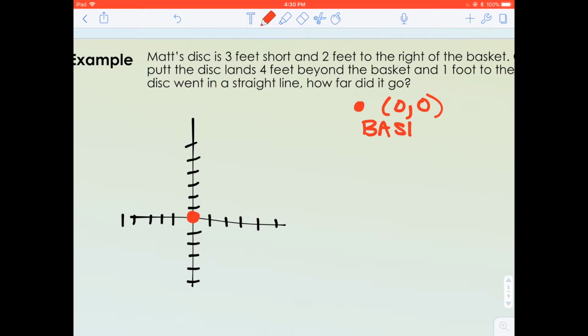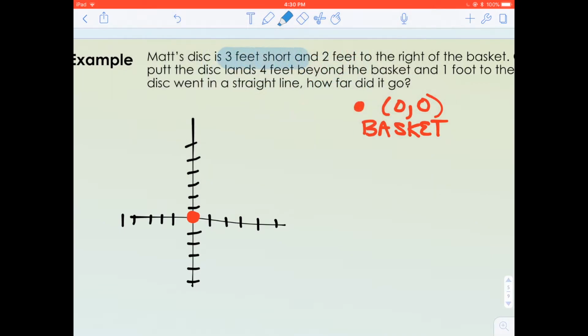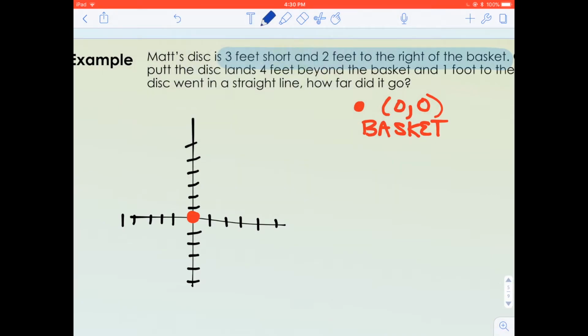Now I need to graph these other points that they give us. So the first point is 3 feet short and 2 feet to the right of the basket. All right, well, 3 feet short is going to be -3, 1, 2, 3. And 2 feet to the right is just going to be 2 to the right. So that coordinate is (2, -3), right? 2 to the right and 3 feet short.